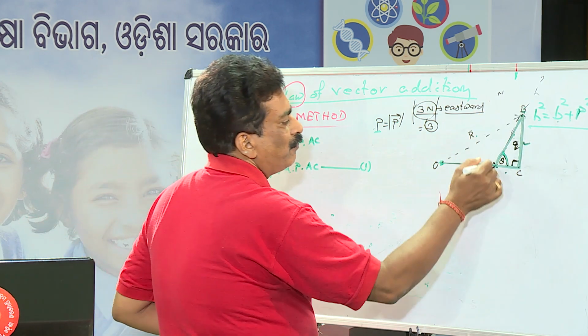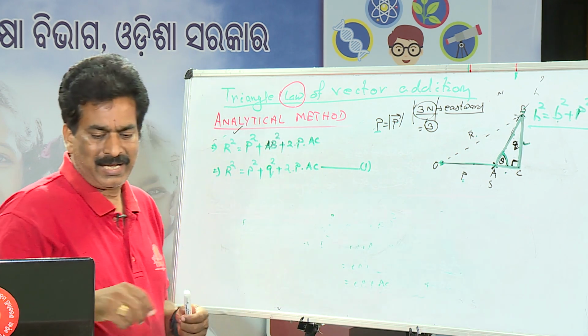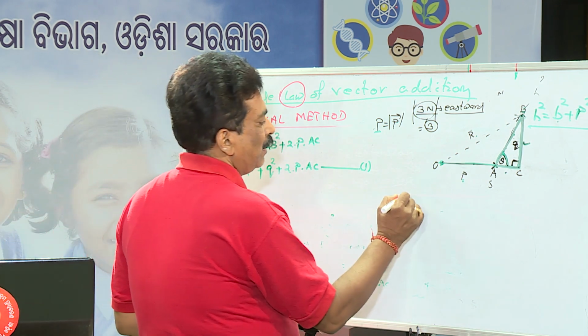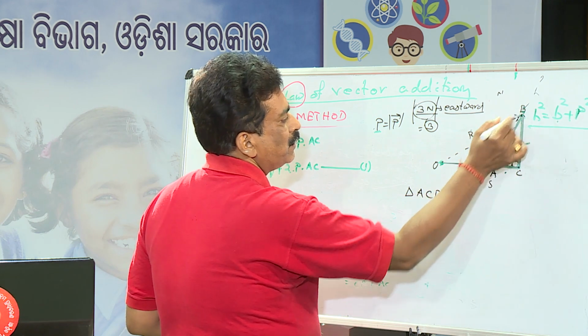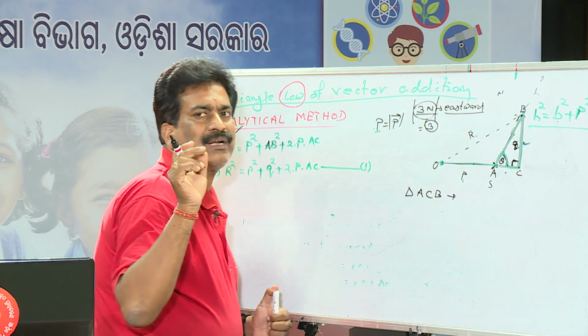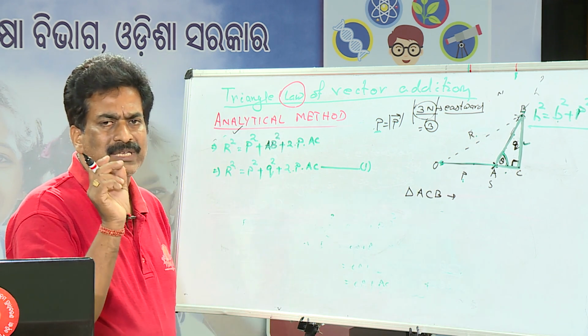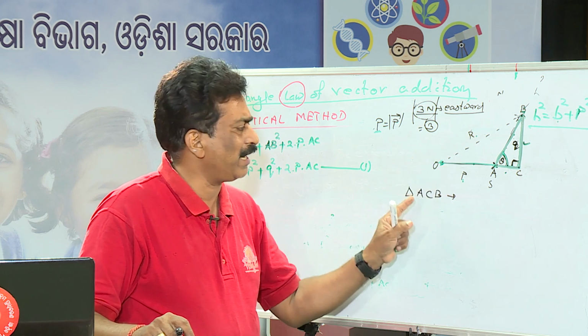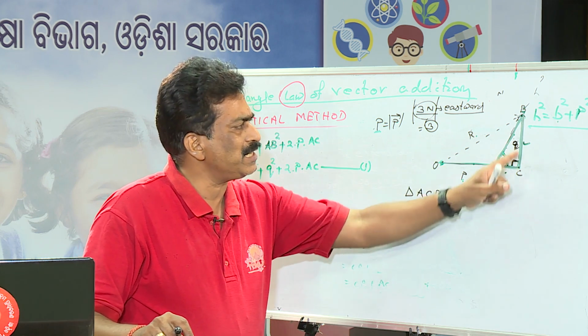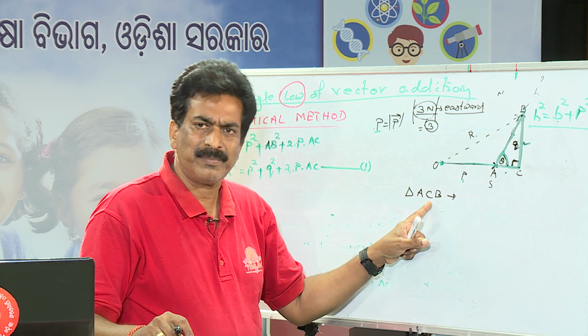Just you see, for the triangle ACB, in the triangle ACB, this is the right angle triangle. When writing a right angle triangle, always keep attention to keep the right angle point in the middle, which means in ACB, C must be in the middle.